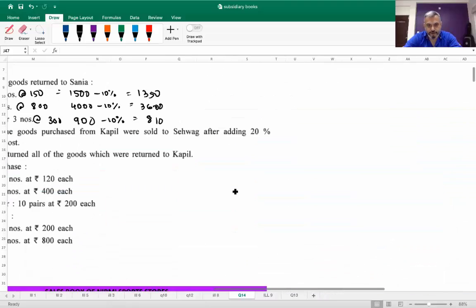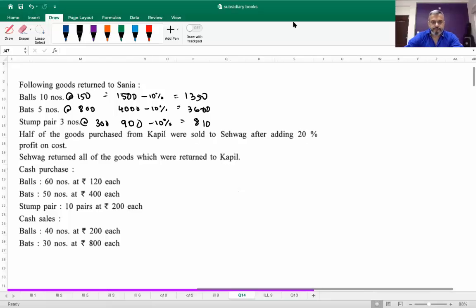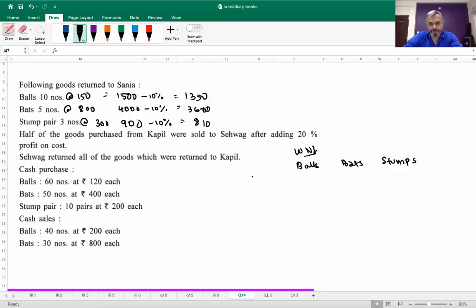So let's do a working. Working note 1. Balls, bats and stumps. So half the goods purchased from Kapil.